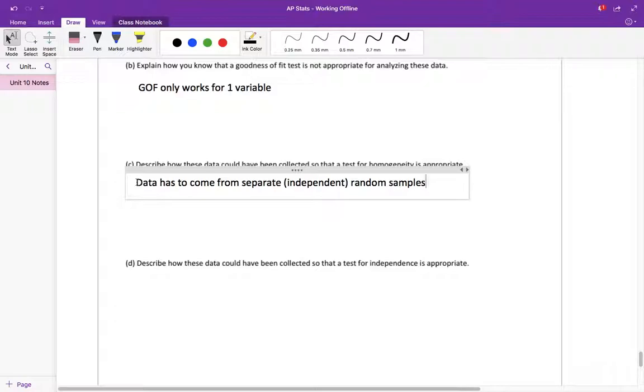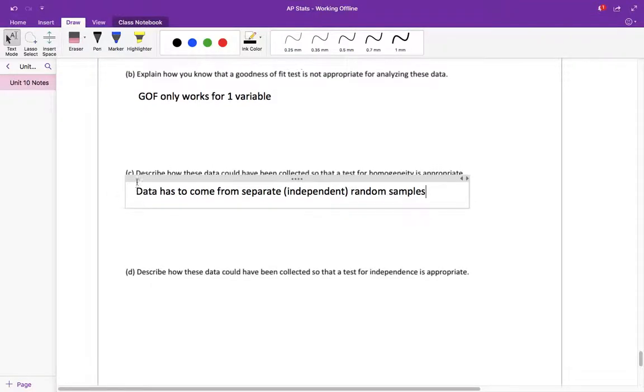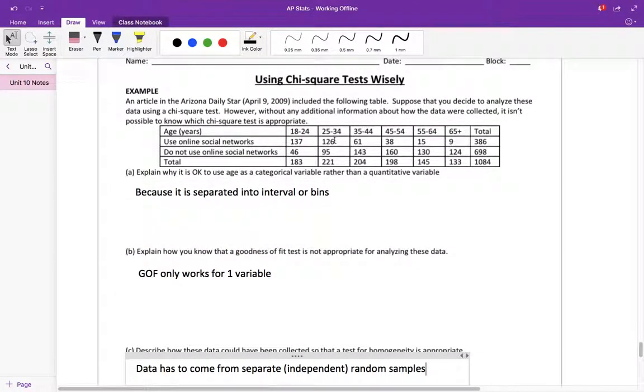In other words, if they collected data from 18 to 24-year-olds, and then collected data from 25 to 34-year-olds, and then from 35 to 44-year-olds, collecting data from each age group separately, that's when a chi-square test for homogeneity would be appropriate. So you'd have multiple independent random samples.